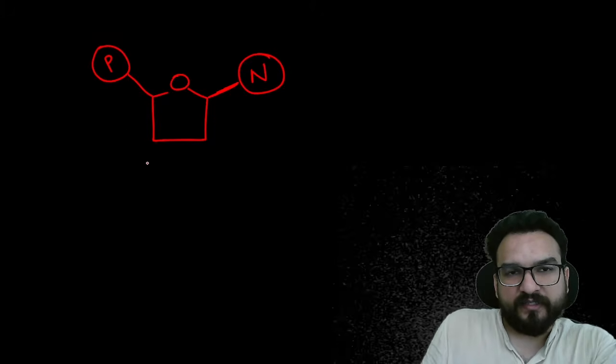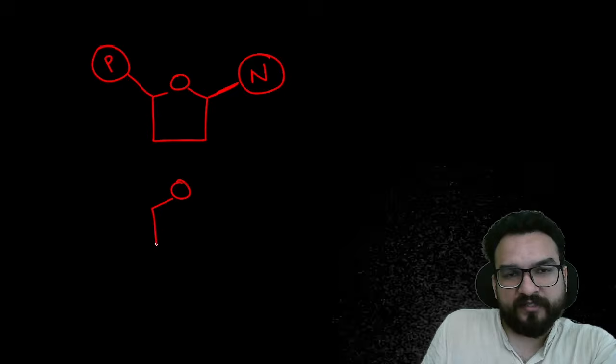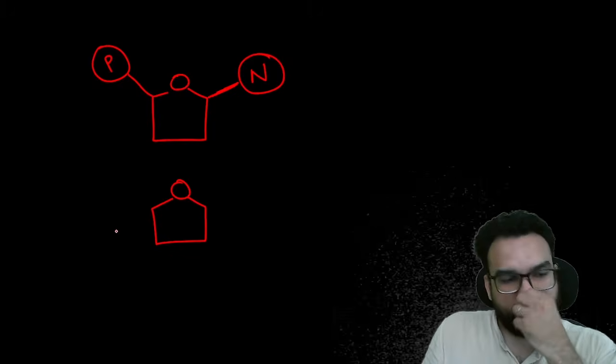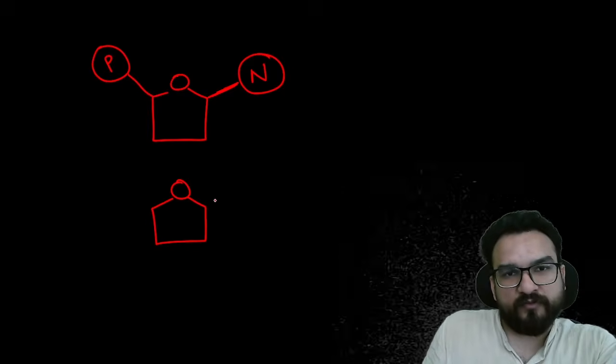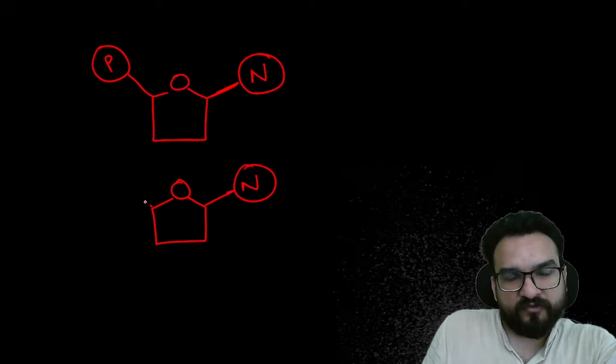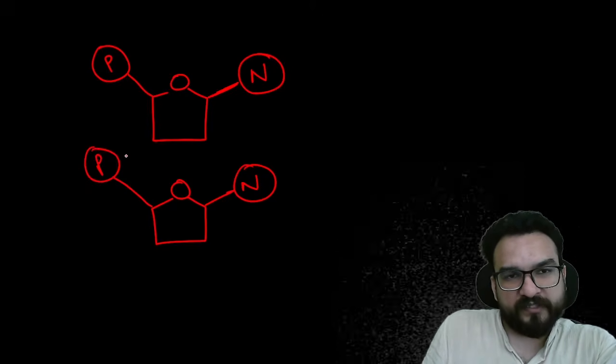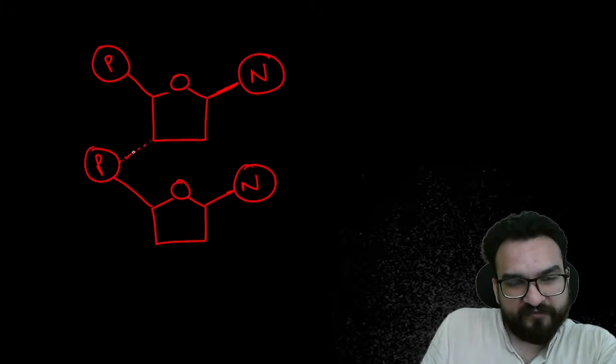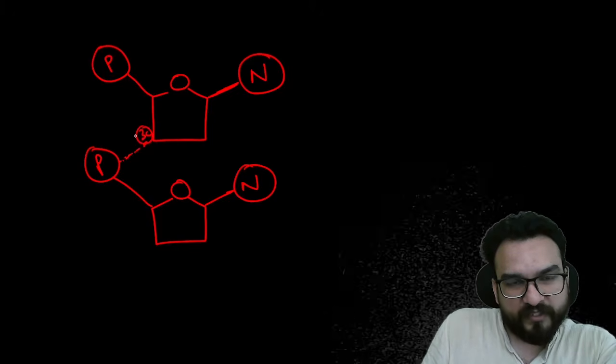Understanding? Now there will be another group coming over here, and with this again you will be finding the base attached, and with the fifth carbon a phosphate group attached. Now this phosphate group will be connected with the third carbon over here, guys, like this.